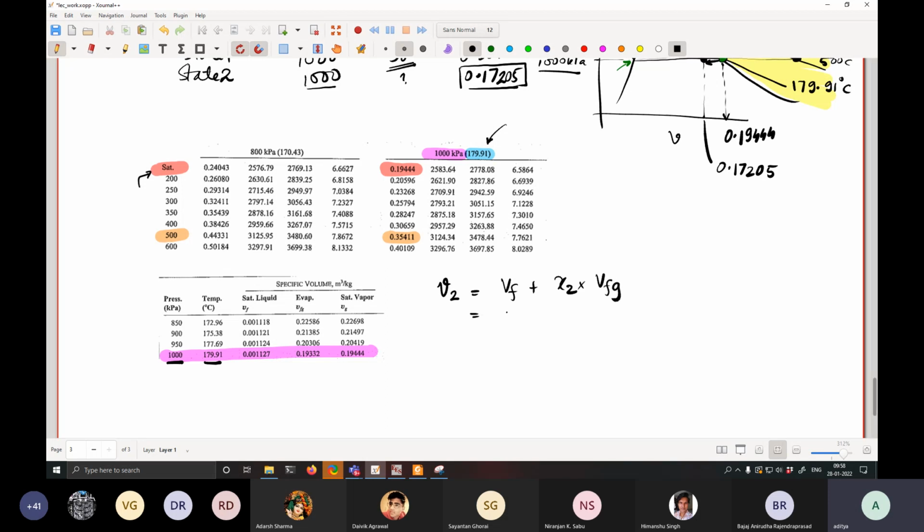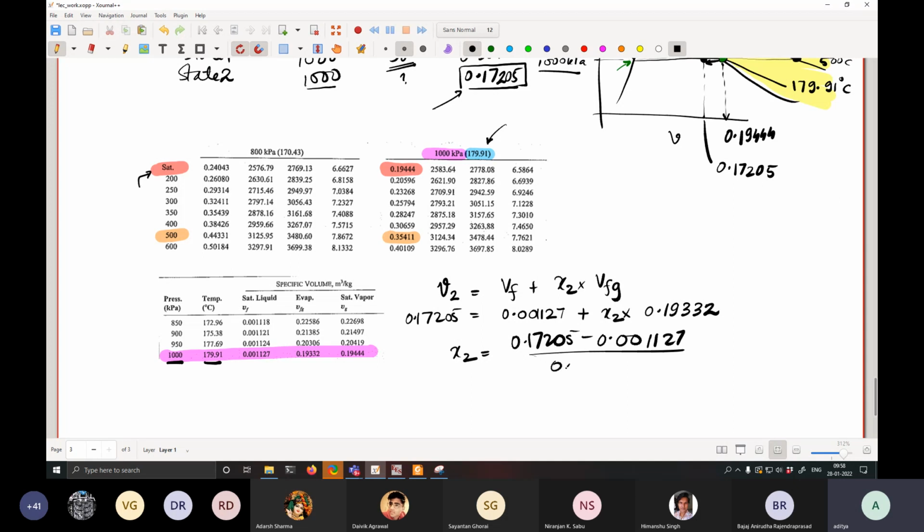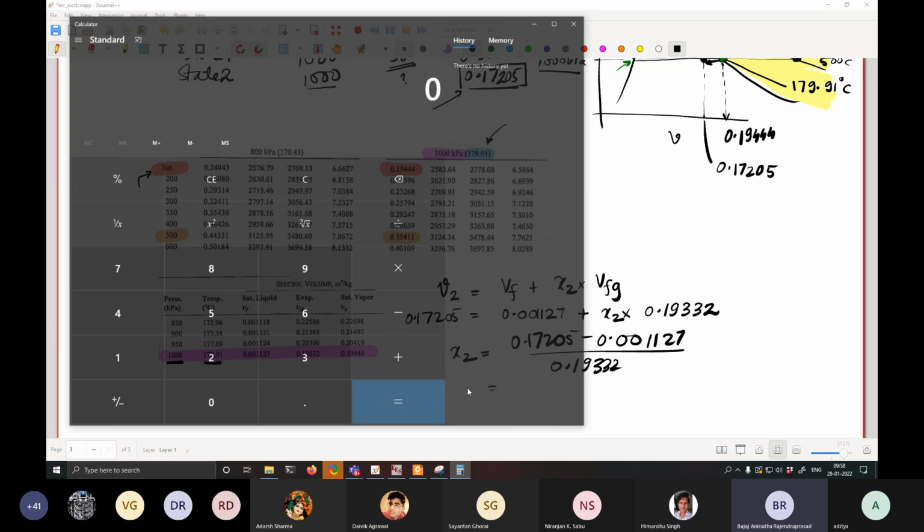So this is equal to 0.00121127 plus X2 multiplied by 0.19332, and V2 is equal to 0.17205. So X2 is 0.17205 minus 0.001127 over 0.19332. So who has a calculator handy? So 0.8841.